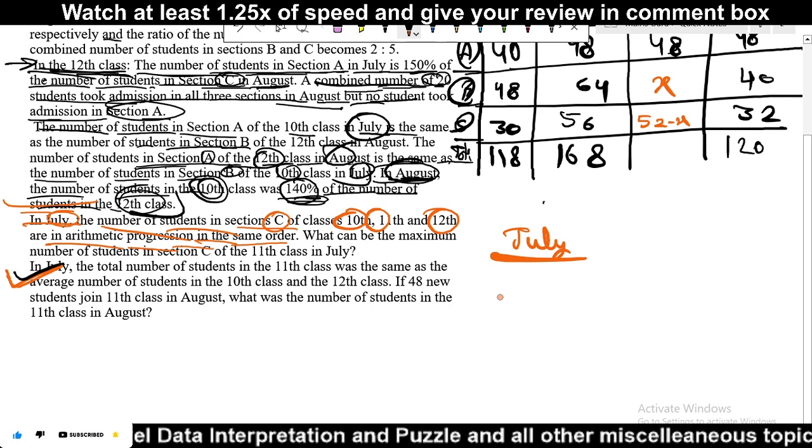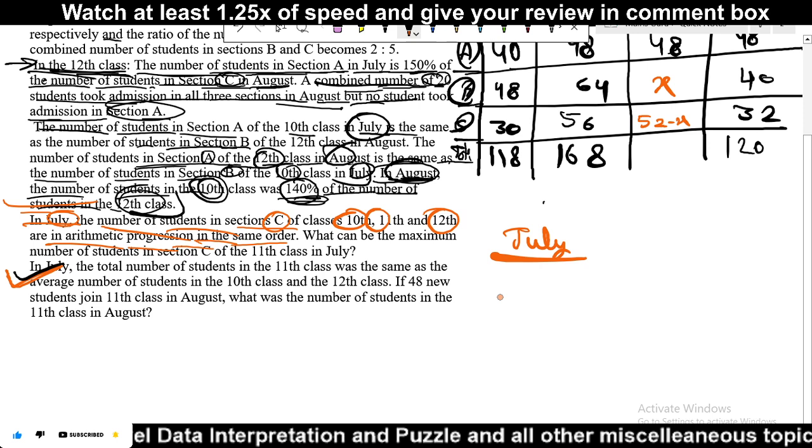What are the numbers? Here it is 30, this 30 is of July, and we know only this. So 30, 52 minus x, and this one we don't know.